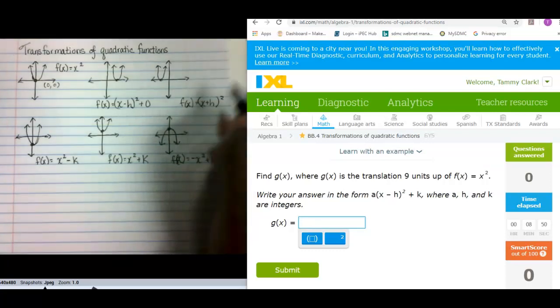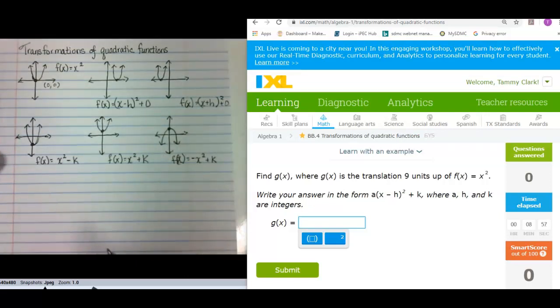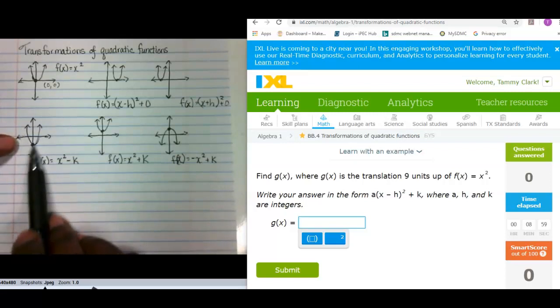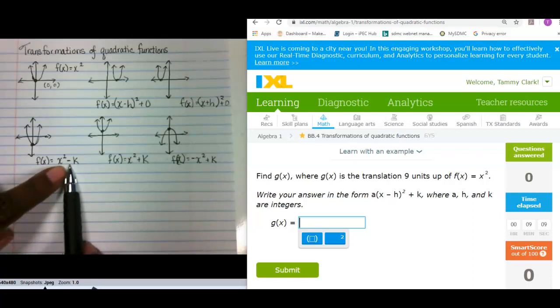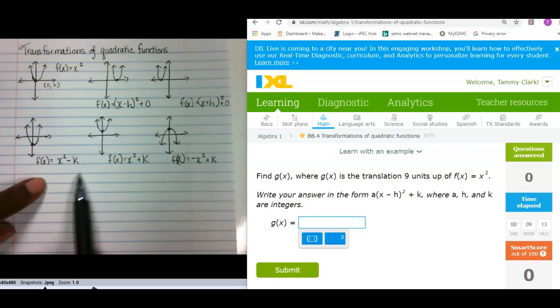Hence why I have x plus h squared, and then it didn't go up or down, so I put 0 there. Here, I just had the parent function, and all it did was drop down. So I have x squared minus k. Notice when we're talking about an up or down movement, our sign shows exactly what the quadratic did. So we drop down, so I have minus k.